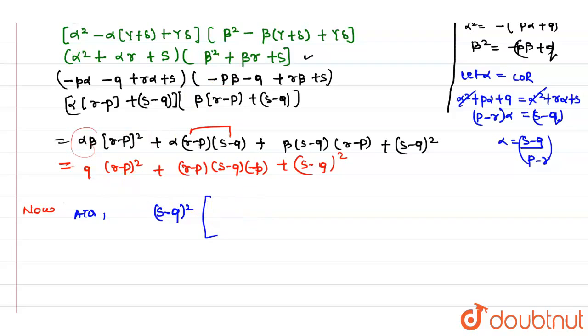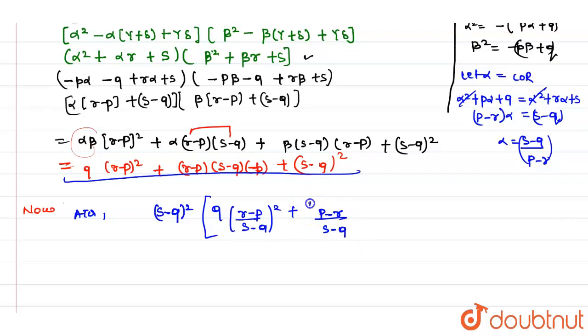Now I took the common from this expression, so q times r minus p upon s minus q whole square, plus when I multiply this, it will be r minus p, or I can say p minus r upon s minus q, times p, because I took the value common, plus 1, right?